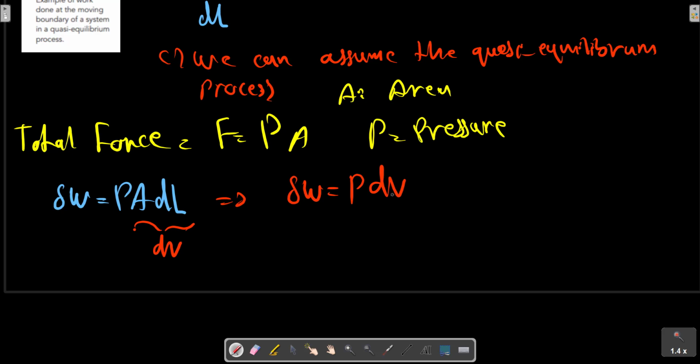The work done at the moving boundary during a given quasi-equilibrium process can be found by integration of this relation. However, this integration can be performed only if we know the relation between P and V during this process. The relationship may be expressed as an equation.